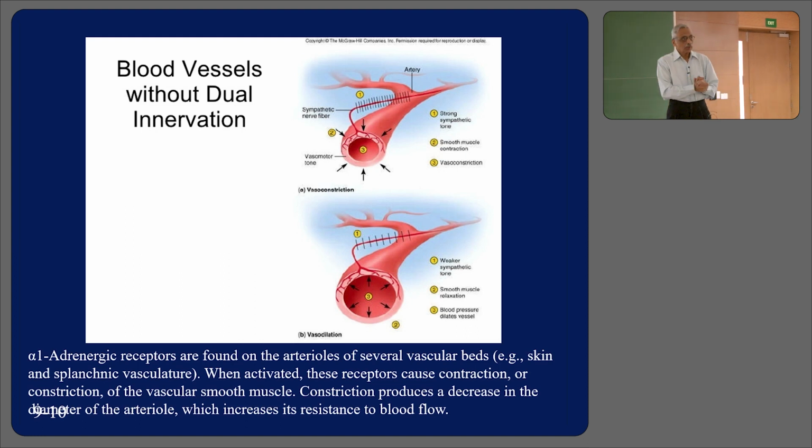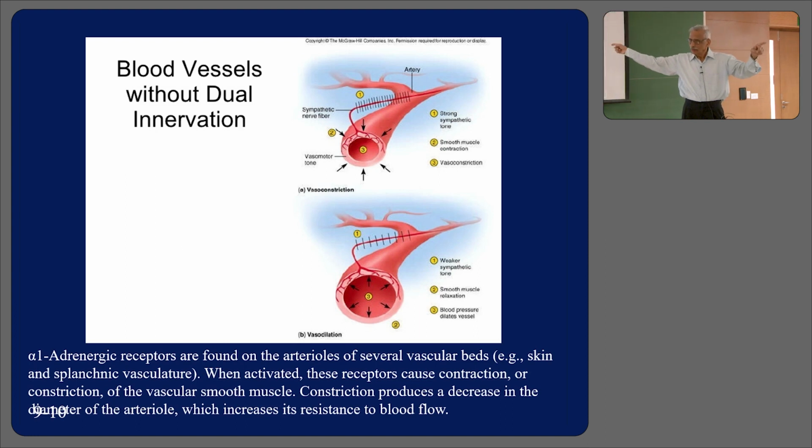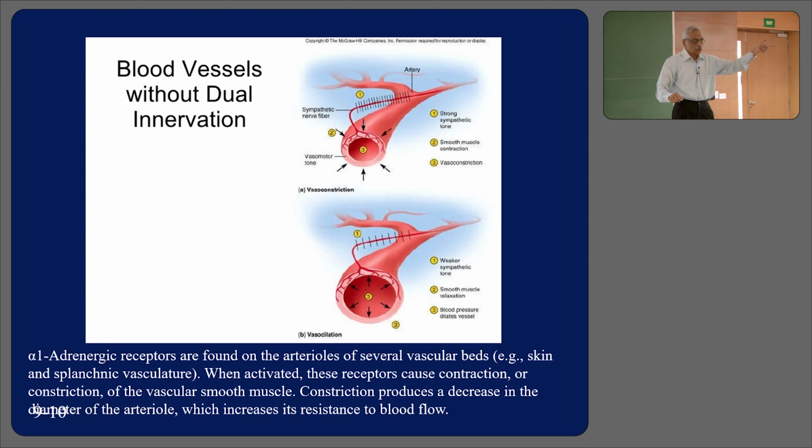Now, alpha 1 receptor, where? Tell me where. Very good. Beta 2 receptor, where? Smooth muscles of the skeletal muscle. Okay.